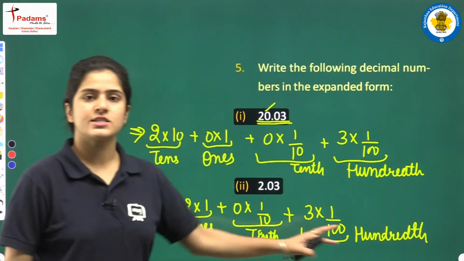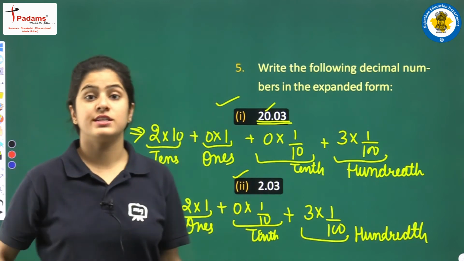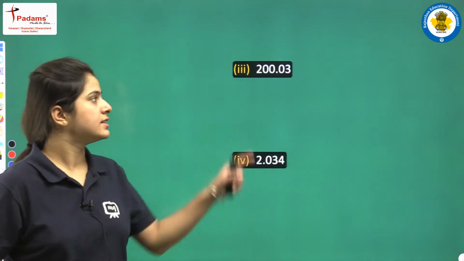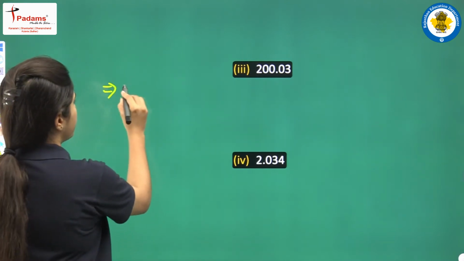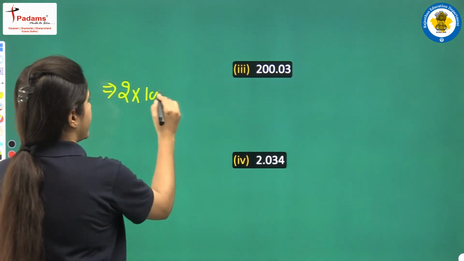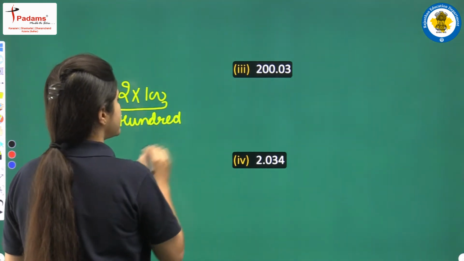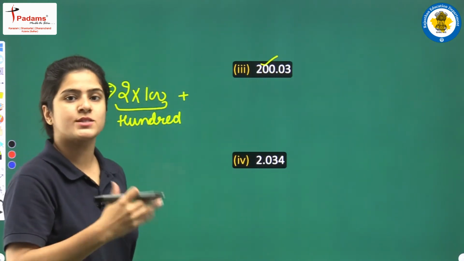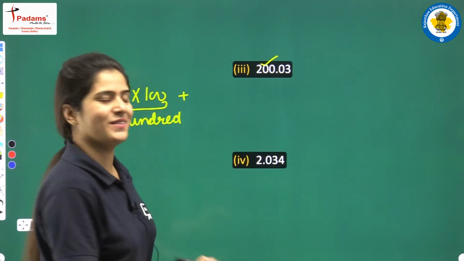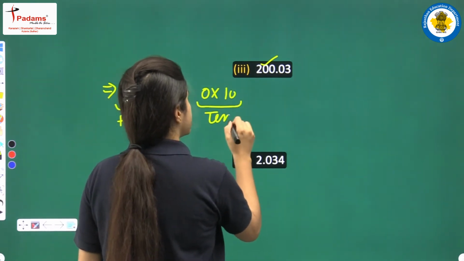Students, so this was all about the first two parts of this fifth question. Next, the third part is 100.03. It can be represented as 1 into 100, and this is the hundreds place. Now this 0 is at the tens place, so it is 0 multiplied by 10, representing the tens place.